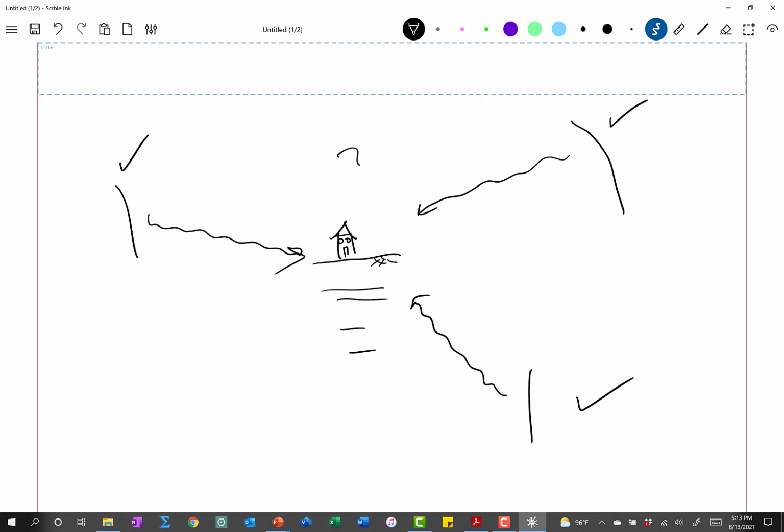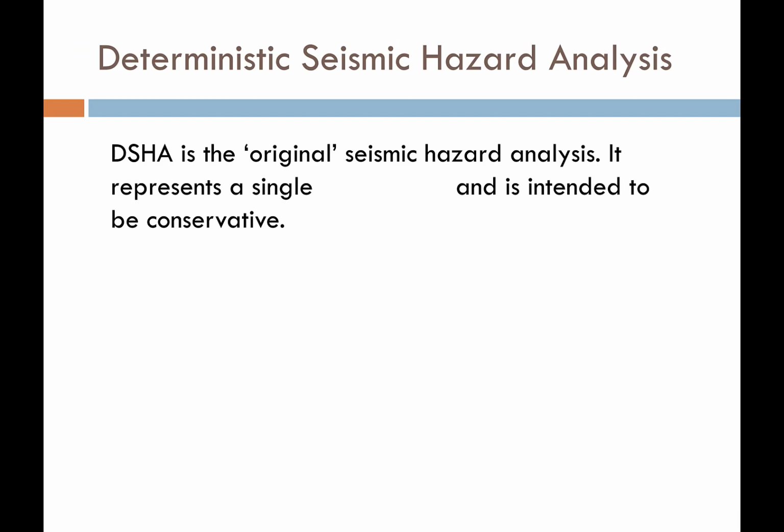Then I'll compare those three ground motions, and whichever one is the biggest, maybe it's this one right here, that's the one I'll design to. And if I design to that one because it's the biggest, then I'll be okay if that one or that one were to occur. And folks, that's basically the DSHA in a nutshell.